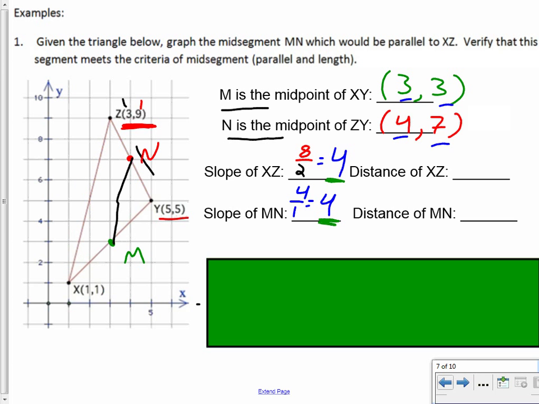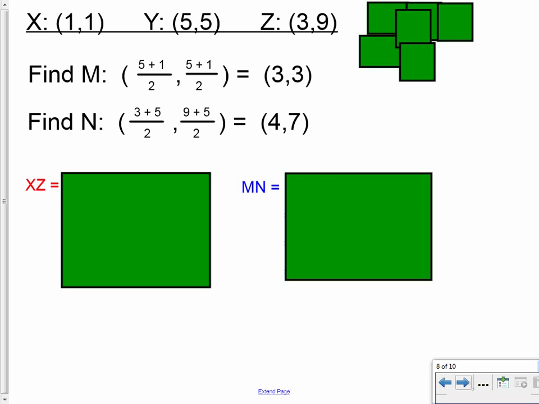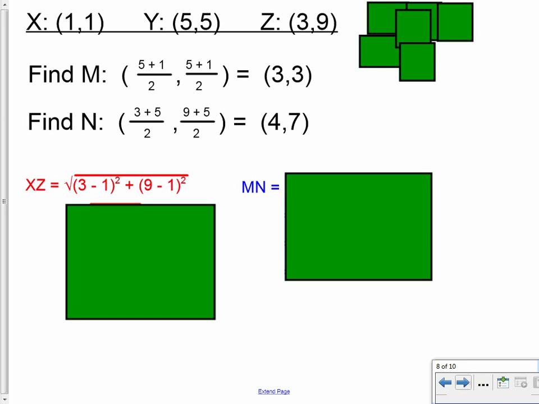But we still have to prove that MN is half the length of XZ. To do that, we're going to use our distance formula. So we know X and Z, we know M and N, so we just plug them into our distance formula.